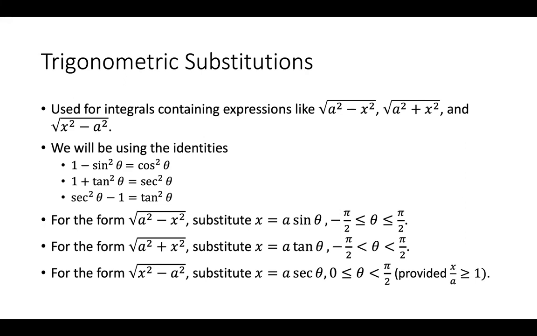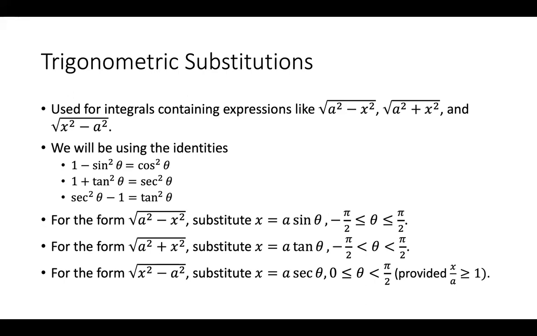Now, this one's a little bit more complicated, but the way that your textbook deals with it is they say that they're only going to deal with the case, and I don't have a mouse at this moment, but you can see in the lower right corner of your screen where it says provided x over a is greater than or equal to 1.